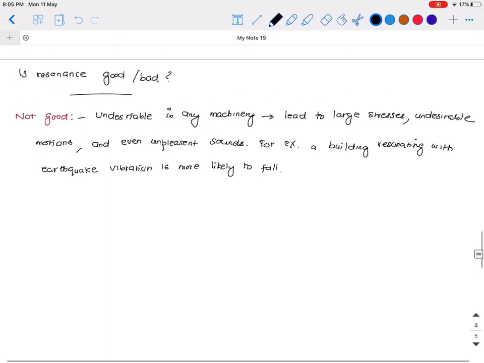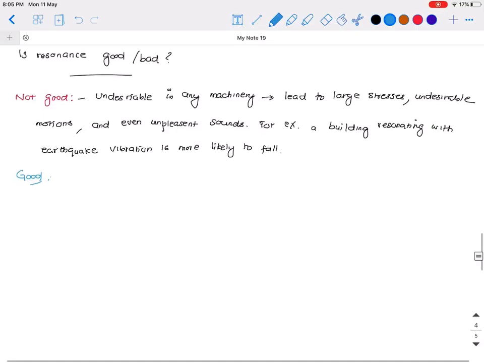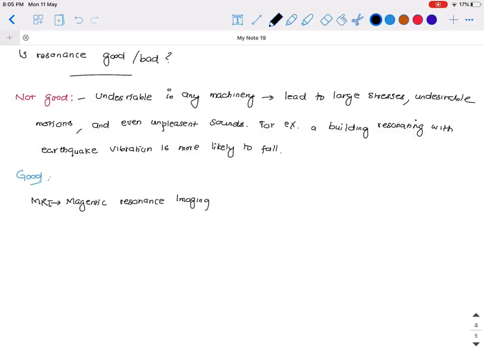Okay, but it is good in some sense. For example, you must be knowing about MRI, which is magnetic resonance imaging, which is used in medical diagnosis now. You can check on your own how this works.